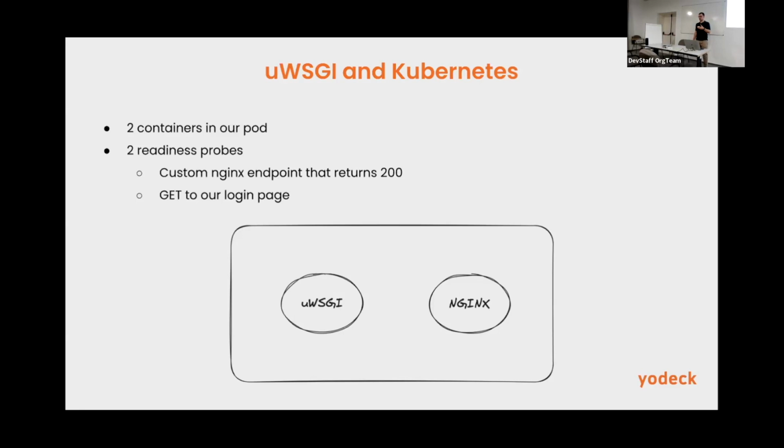And as George said, we had 2 readiness probes that help Kubernetes know when the application is actually ready to serve requests. So for Nginx, we created a custom /health endpoint. When this returns 200, Nginx is healthy. And for our application, we just did the GET to our login page. So if those 2 are true, it means that our pod is up and running and ready to serve requests.